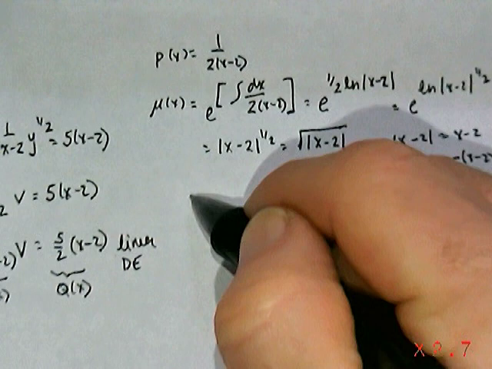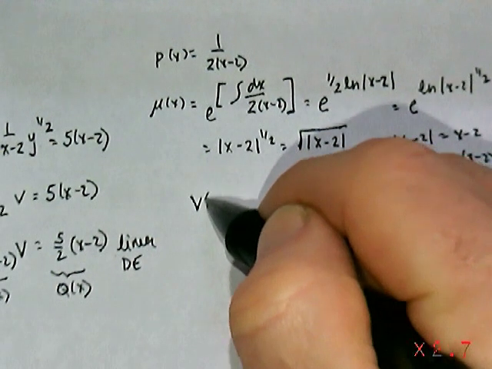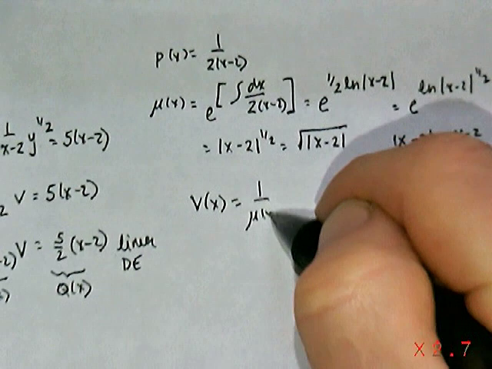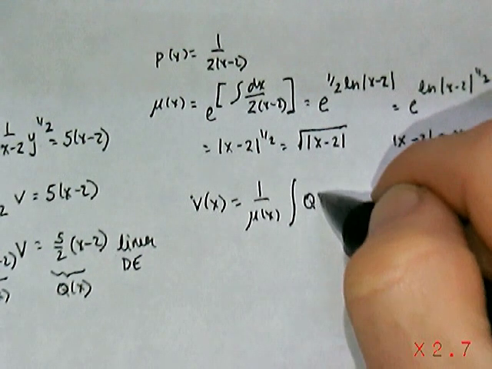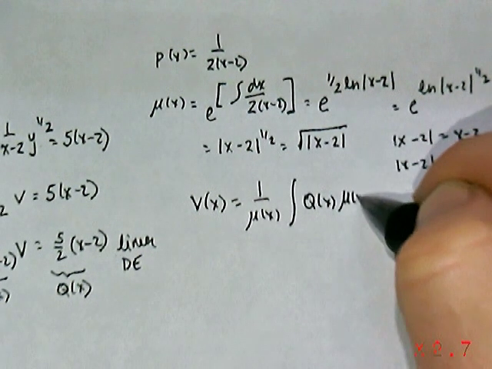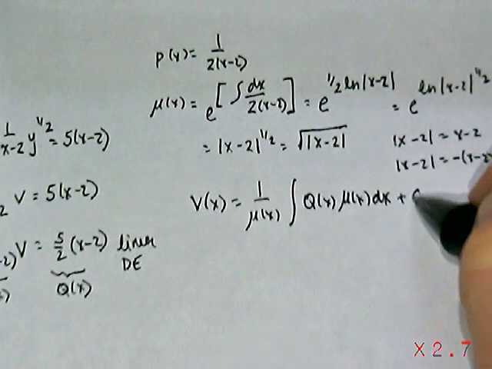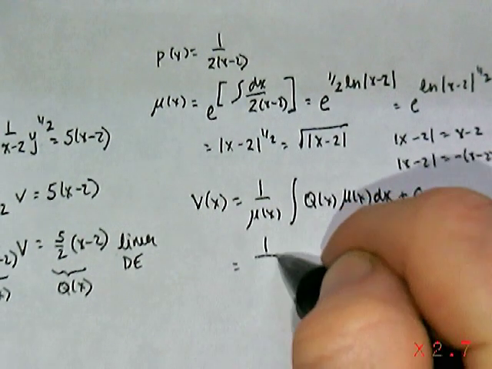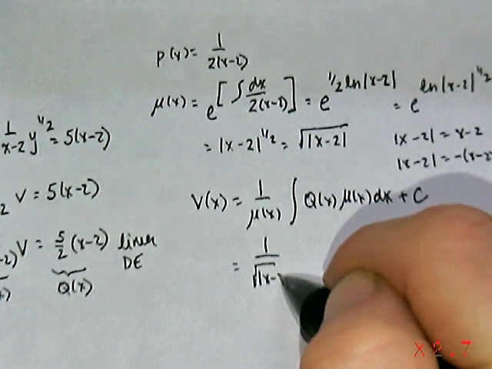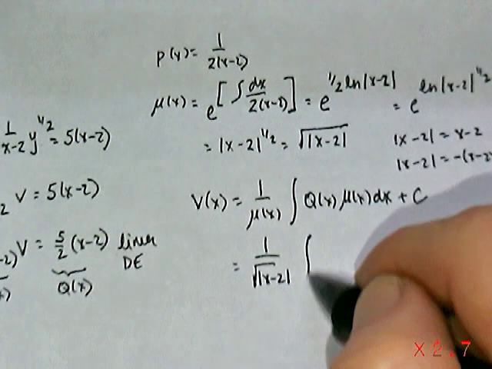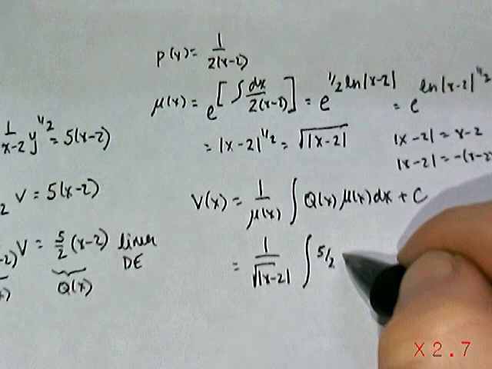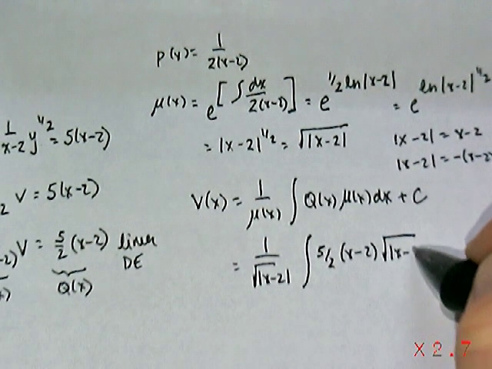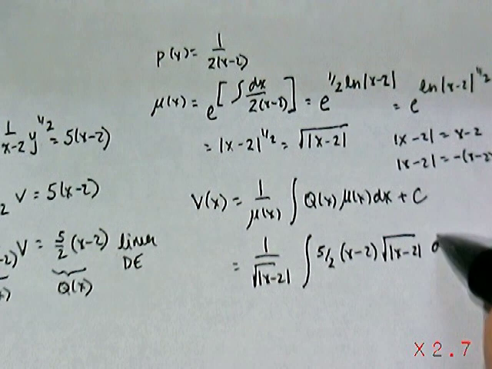Recall for integrating factors, in this case we're solving for v. We could write that as 1 over the integrating factor times the integral of q of x times the integrating factor dx plus a constant. If we plug all the components in, we get 1 over the square root of the absolute value of x minus 2 times the integral of 5/2 times x minus 2 times that square root again, dx.